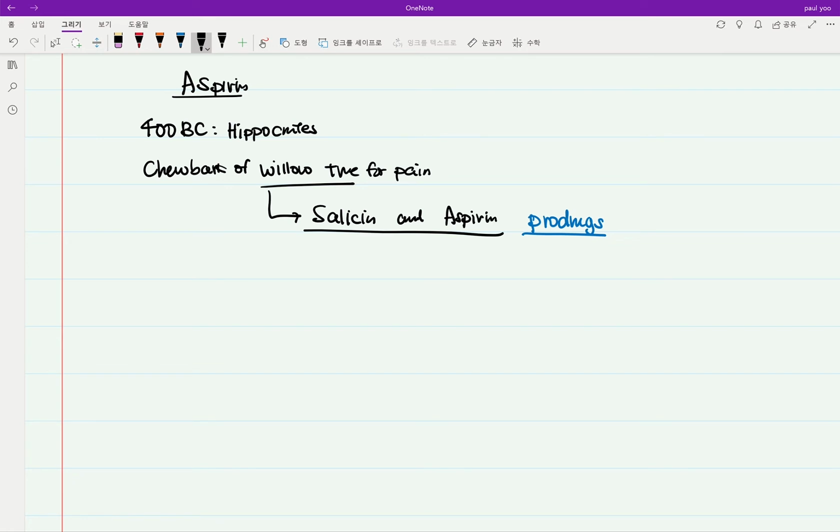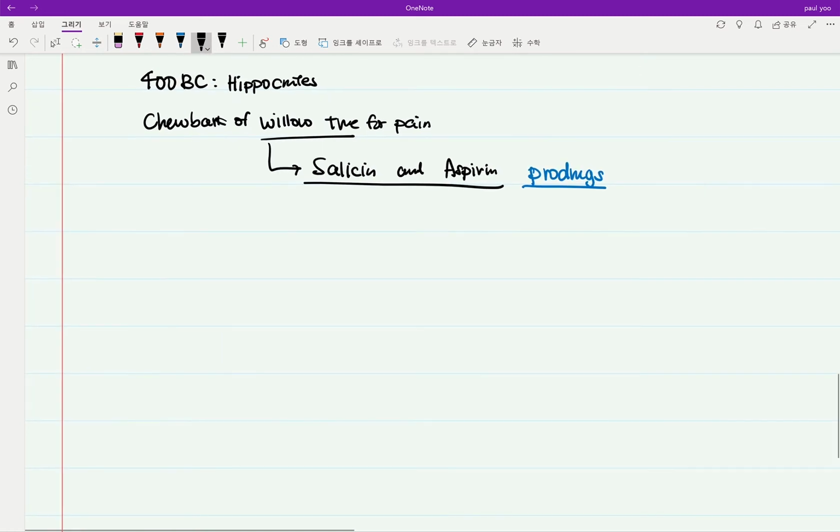So let's talk about aspirin a little bit. Aspirin itself has an anti-inflammatory action, and so it's a pain relief.